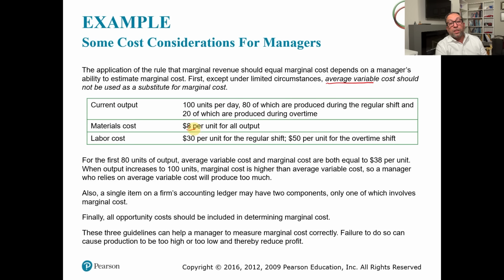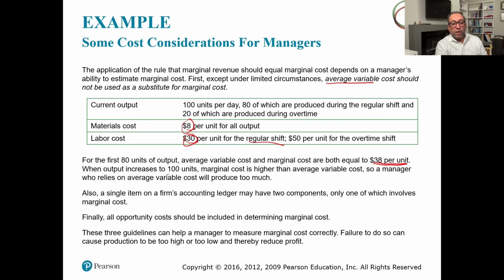Material cost is 8 per unit for all units, and labor cost is 30 per unit for a regular shift and 50 per unit for the overtime shift. For the 80 units of output, average variable cost and marginal cost are both equal to $38, because this is the material and this is the labor we are charging.